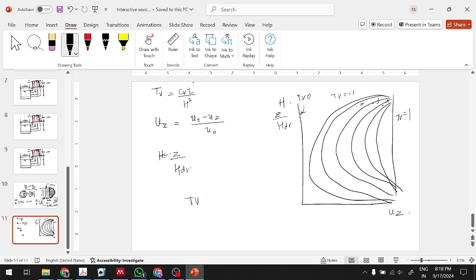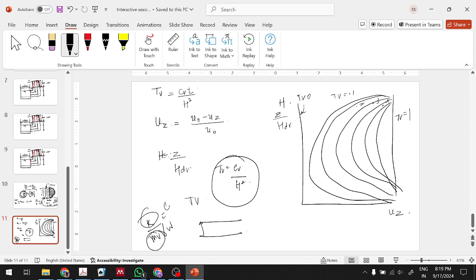For example, when I calculate TV, what will TV depend on? It will depend on the CV and the H of the soil: what is the thickness of the layer and what is the permeability? Because CV is basically K over mv gamma w. This is the compressibility, this is the permeability, and CV you will get.